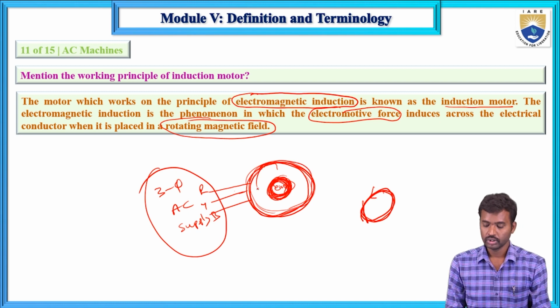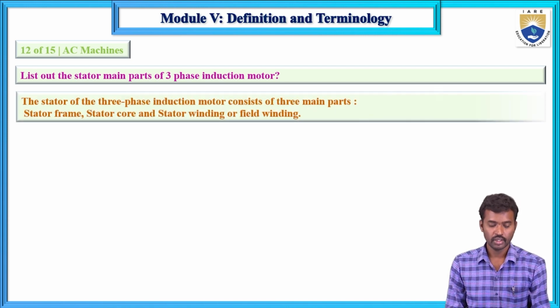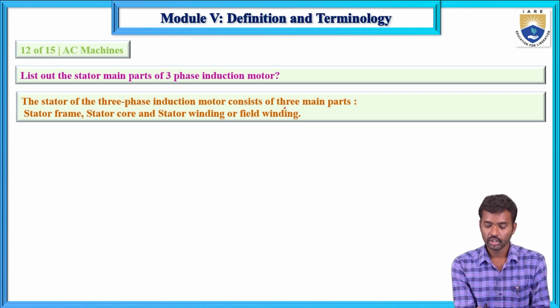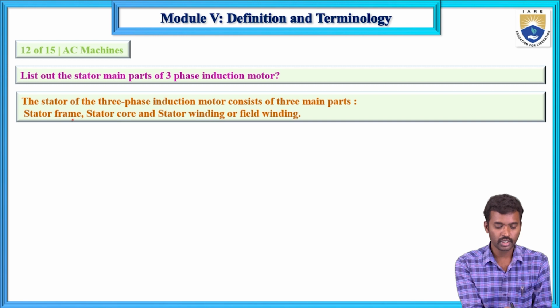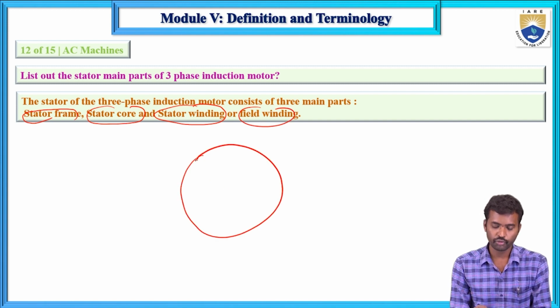Now the 12th question. List out the main parts of the stator of the induction motor. The stator of the three-phase induction motor consists of three parts: the stator frame, the stator core and the stator winding, that means the field winding. This is the stator frame.